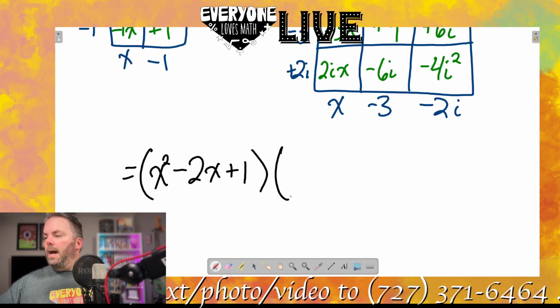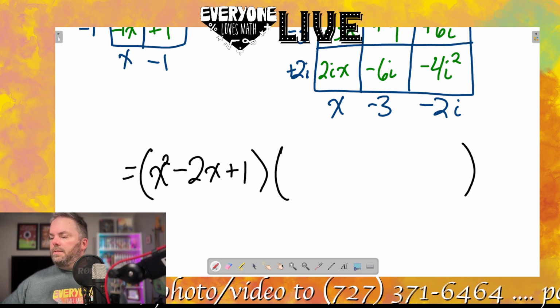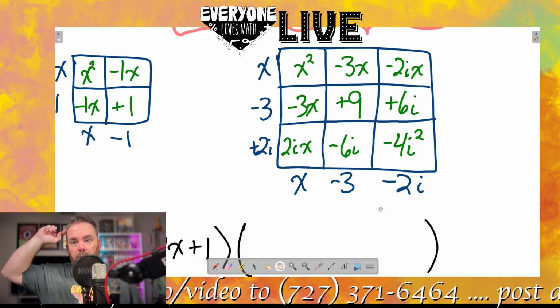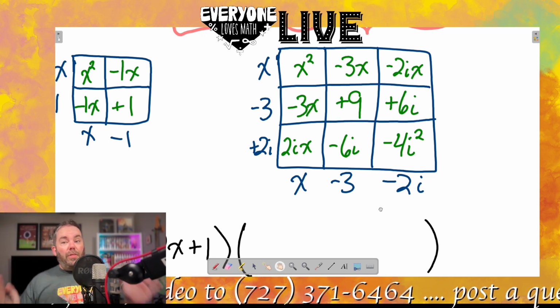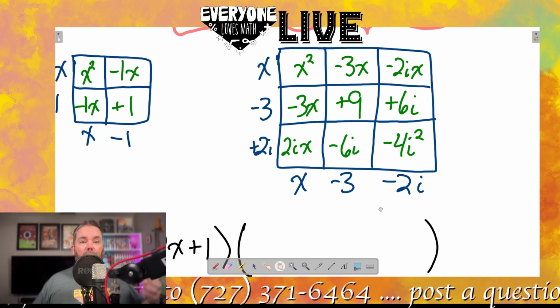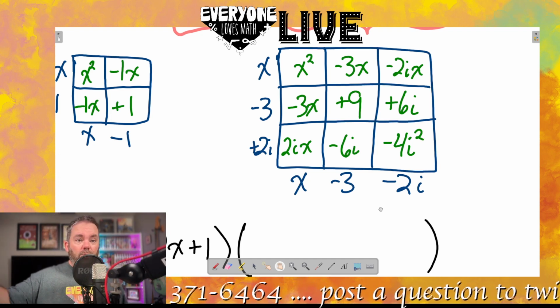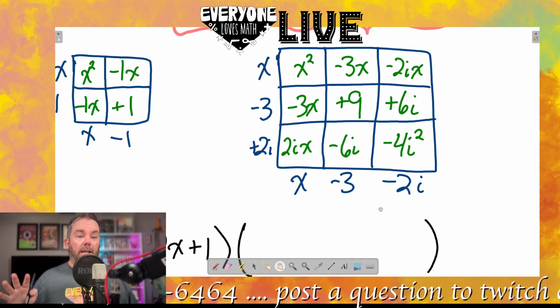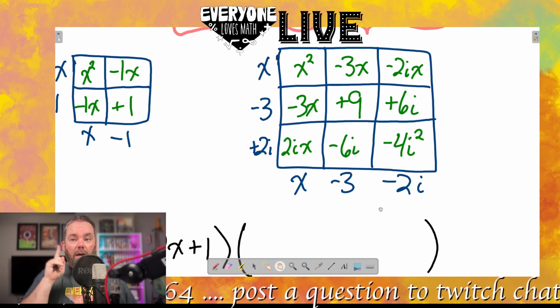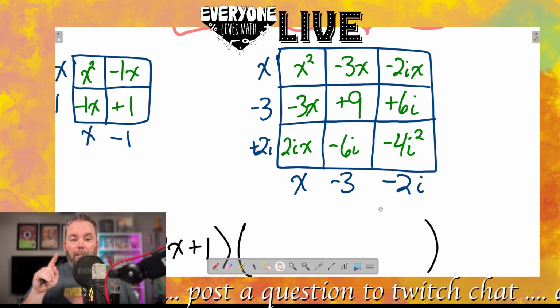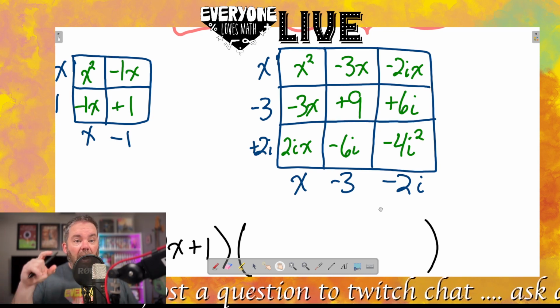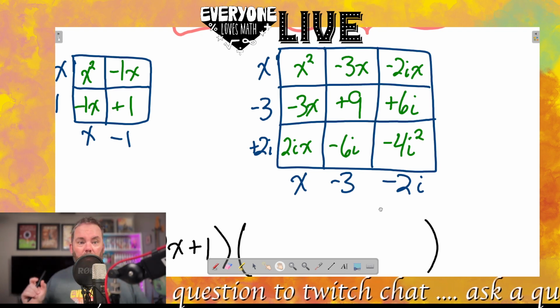Okay. Now we need to put what came out of this disgusting one. Remember the negative 3 plus 2i and the negative 3 minus 2i? This is where stuff got ugly. But we specifically picked the conjugate, right?